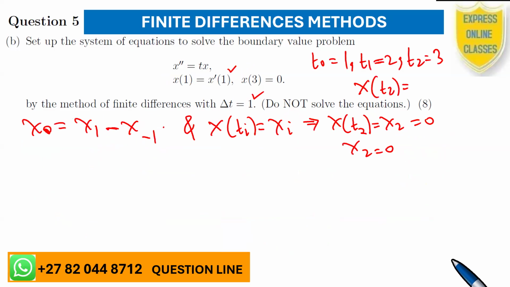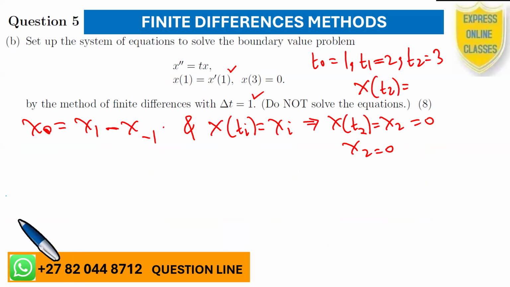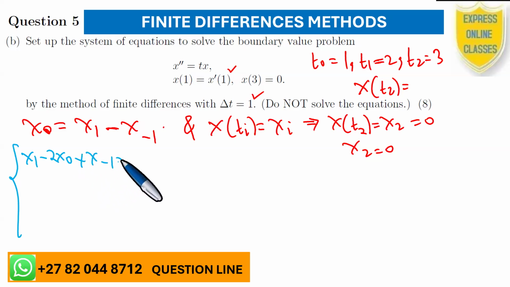Right, so you have the following, which is 2x0 plus x minus 1 equals t0x0.